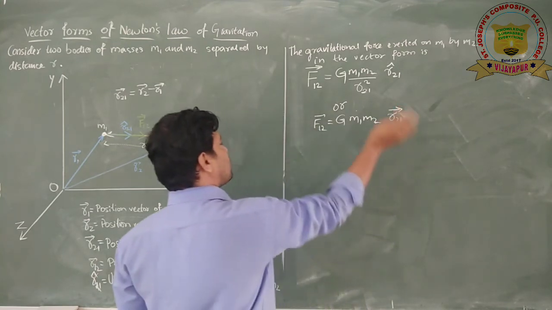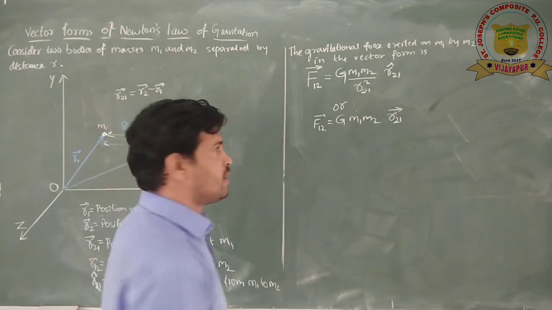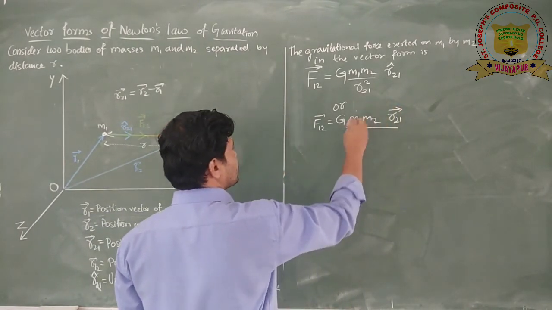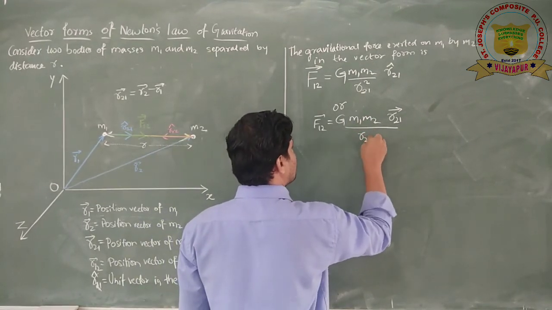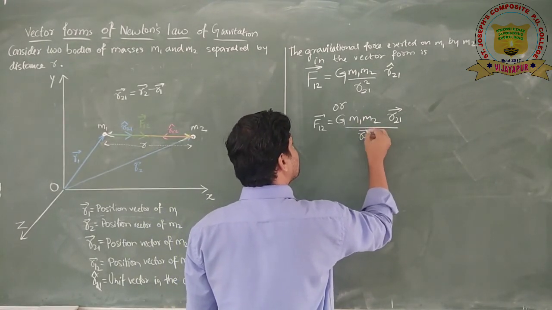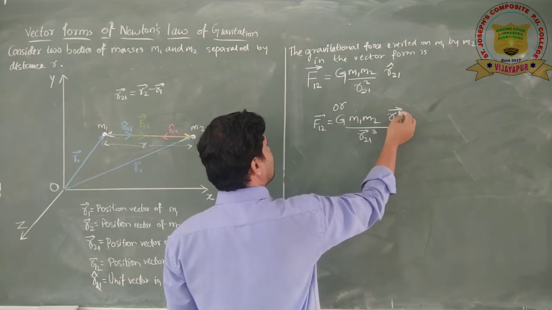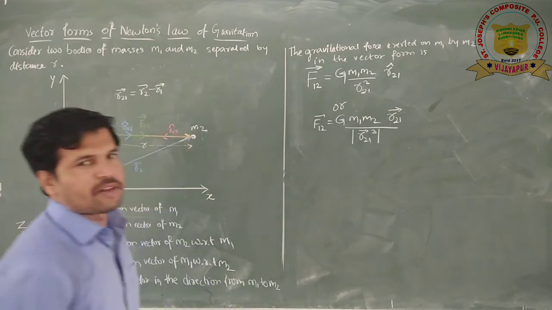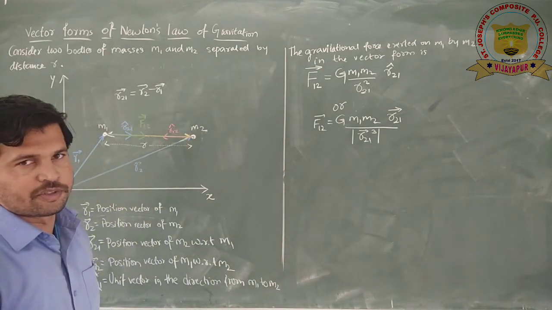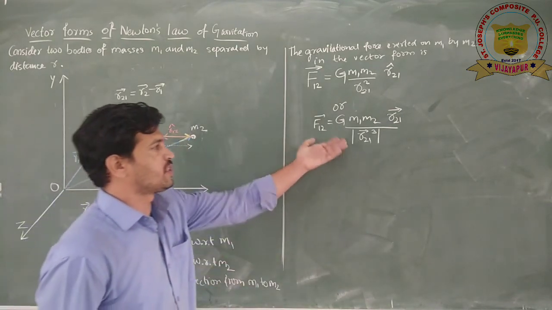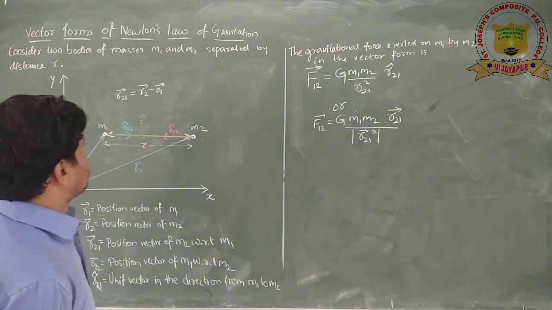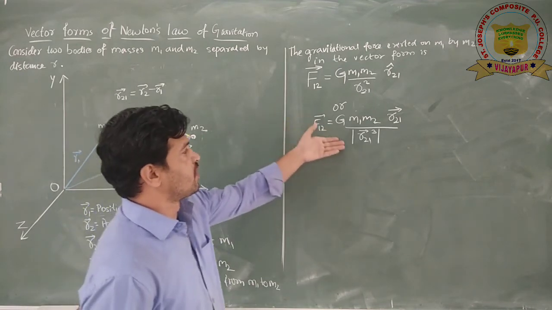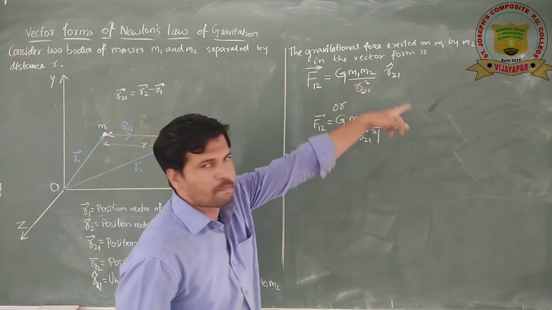That means I have multiplied the magnitude on the numerator too, so I have to divide by that same magnitude. So R21 will now be cubed, the magnitude of the R21 position vector. So this equation represents the vector form of Newton's law of gravitation, and it gives the force on m1 by m2.